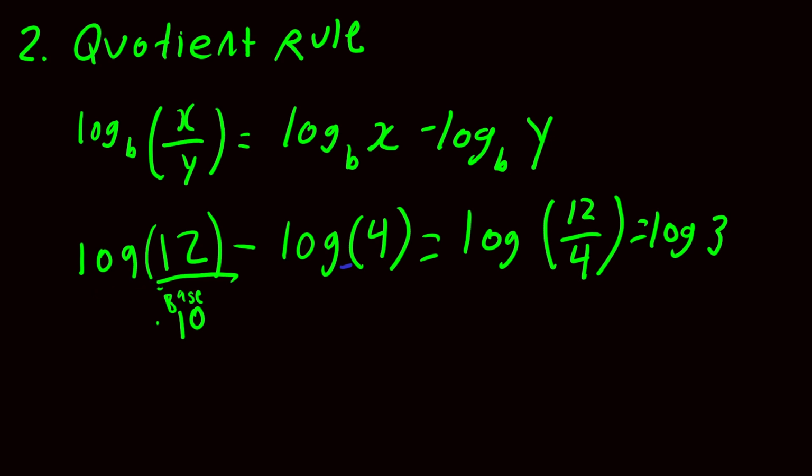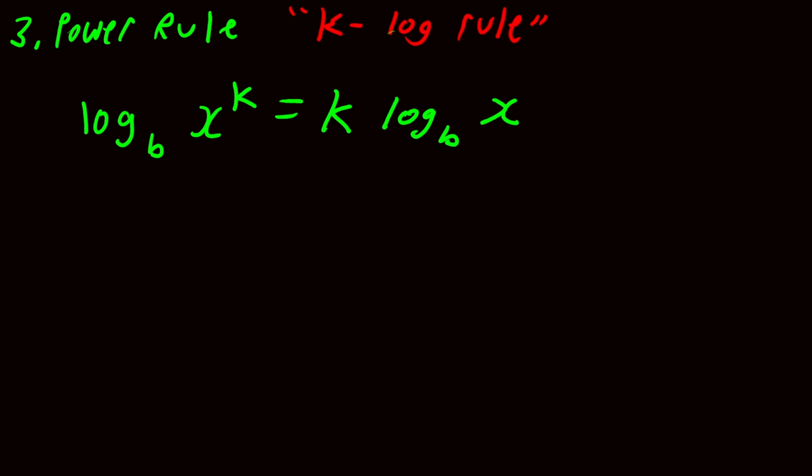Simple pattern, okay? But let's move on to our next rule, the power rule, or I was taught the K-log rule, like Kellogg cereal. So basically all this is saying, if you have log base b of x to the k, it's the same as k log base b of x. So what just happened?